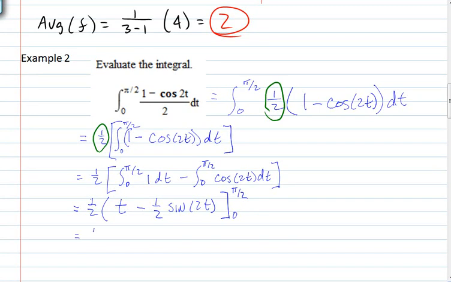So this is going to be 1/2 times, we're going to plug in which of these first, the 0 or the pi over 2? The pi over 2 goes first, so this becomes pi over 2 minus 1/2 sine of 2 times pi over 2.